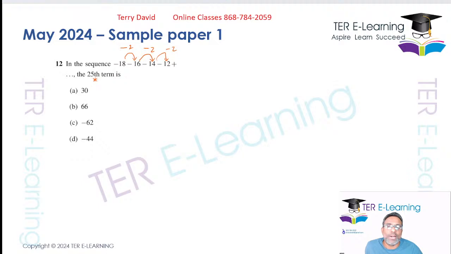I'll let you all work that out. This should be easy. Right? Wait, sorry, did I put plus 2? Oh, my bad. It should have been plus 2. Yeah, plus 2.